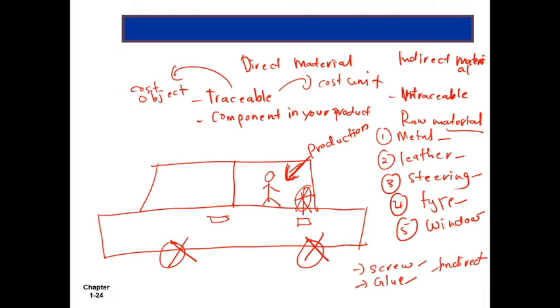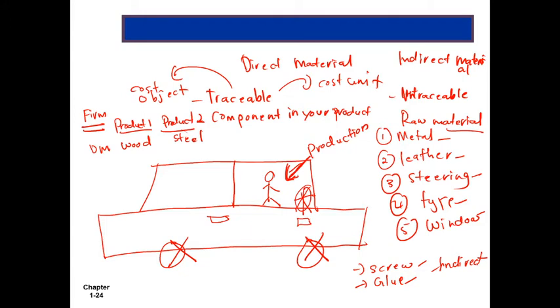Another example, maybe you have a firm, and your firm has product 1 and product 2. Then, what is the cost to produce product 1 and product 2? First, maybe for product 1, you need wood. And for the second product, you need steel. For the first product, you need wood as your direct material, but not steel. For the second product, you need steel, but you don't need wood.